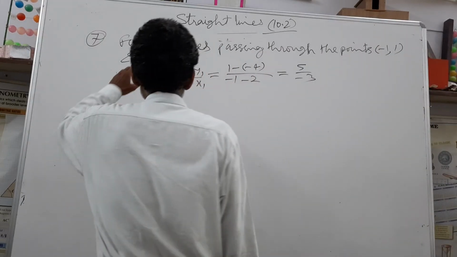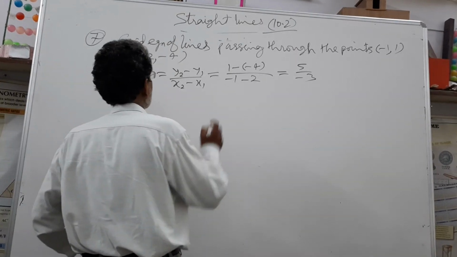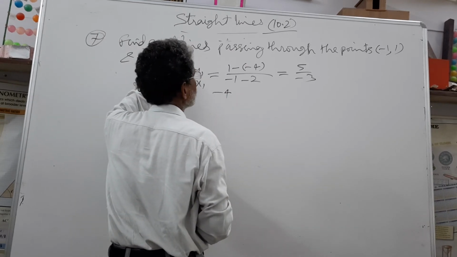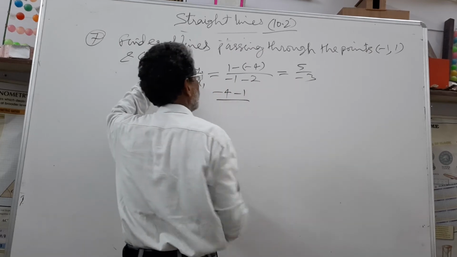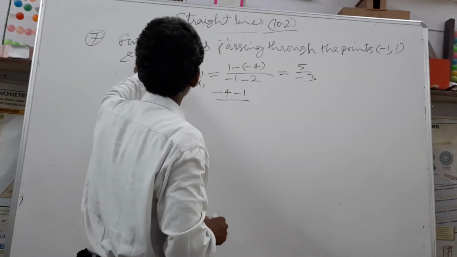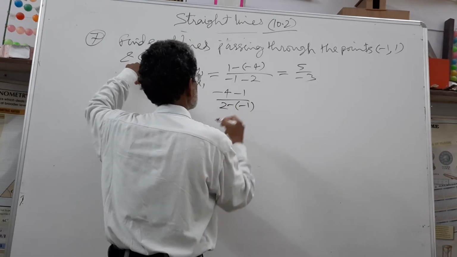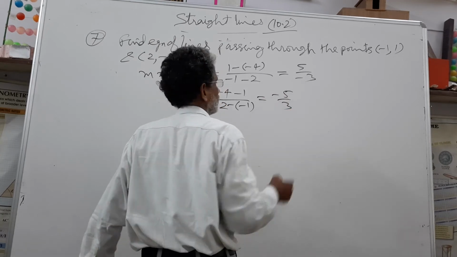If we take second point as x2, y2, then also value of m will be the same: y2 minus y1, minus 4 minus 1 upon x2 minus x1, 2 minus minus 1, is equal to minus 5 by 3.